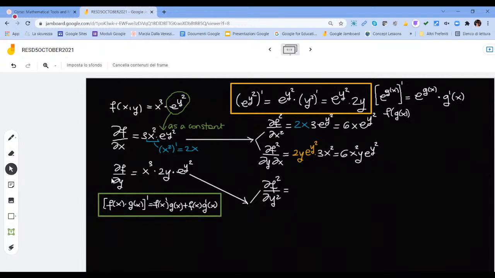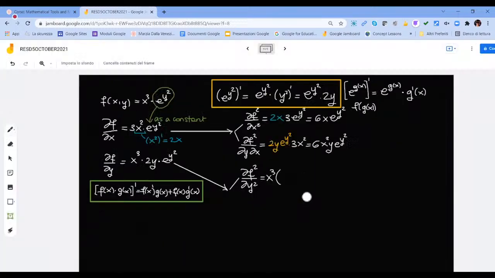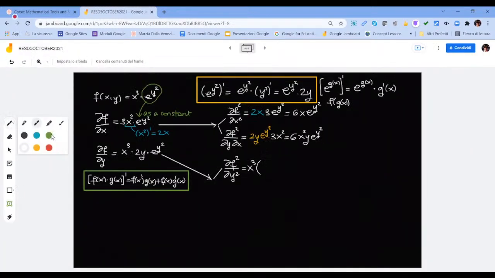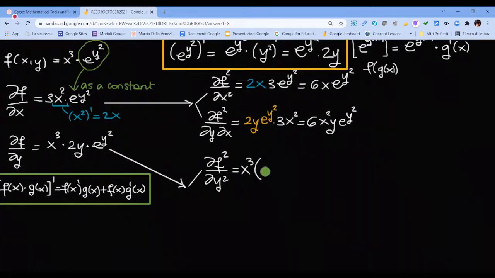So we will write x cube, and then we should apply this rule. Let's write it in green. The derivative of 2y is 2. And we have to multiply by the exponential function as it is. And this is the first piece.